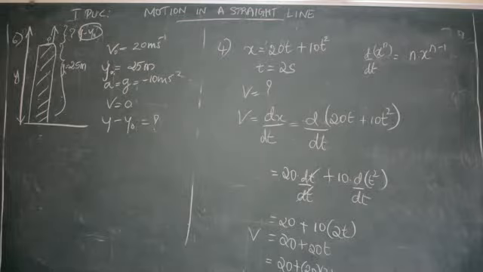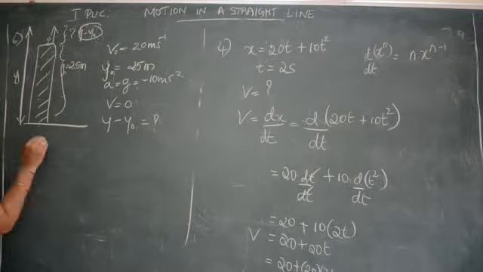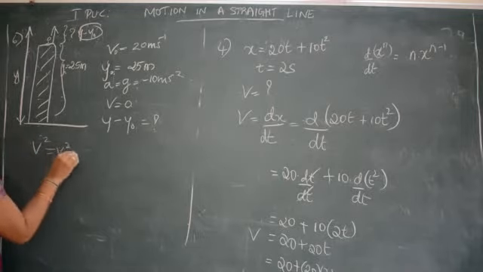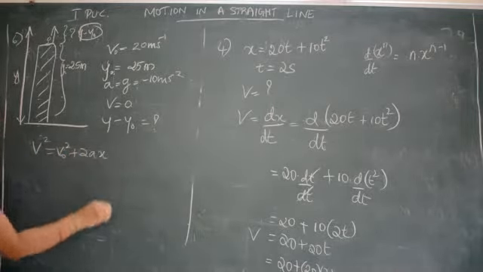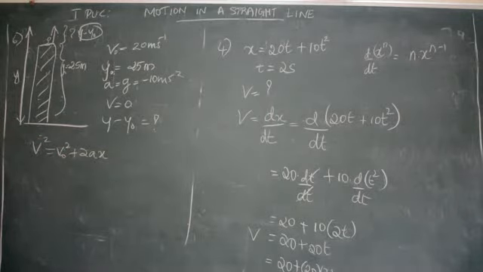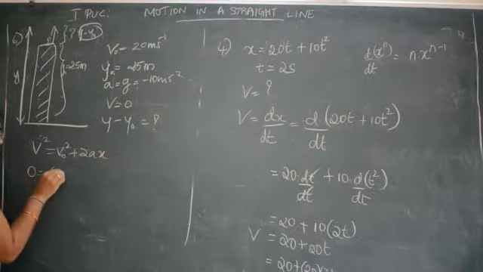Let us use the equation v squared is equal to v0 squared plus 2ax. The final velocity is 0 and the initial velocity is 20.